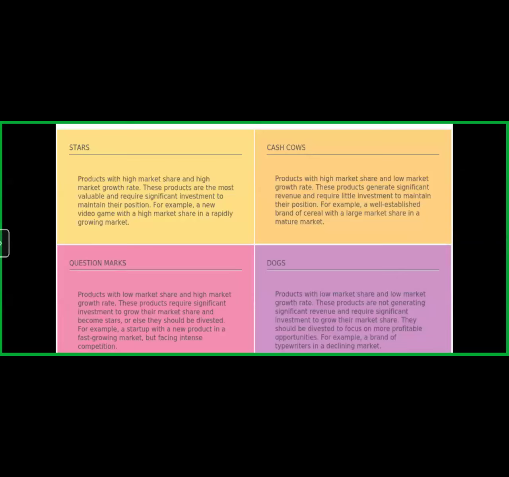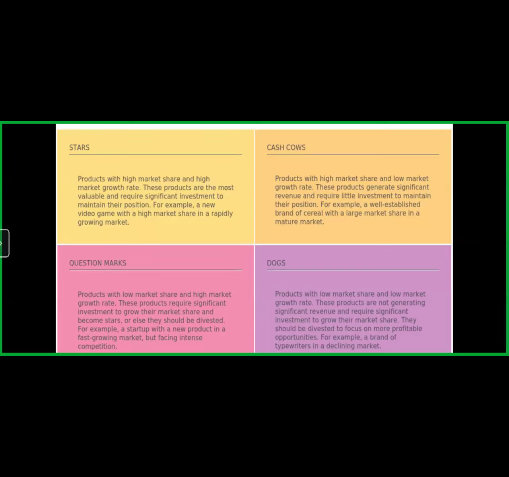Now, the BCG matrix is a model which makes the organization understand its potential as well as market share, the present market share, as well as how much potential the organizational product has in the future related to market share. So first one is star.